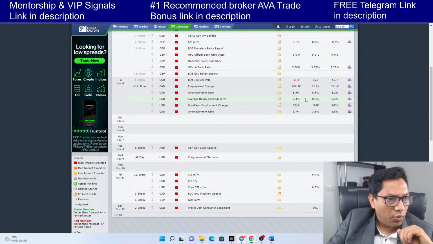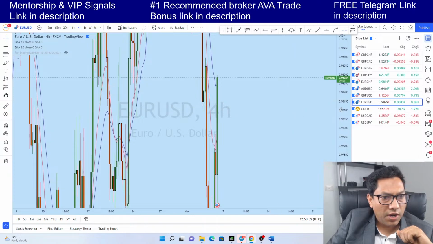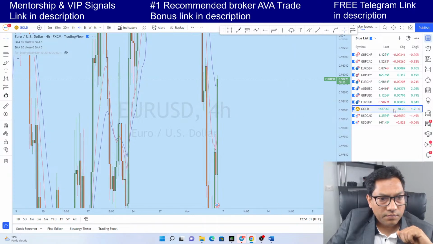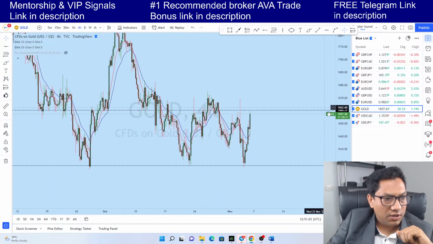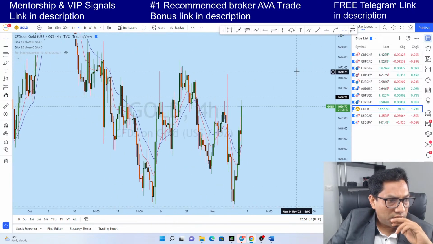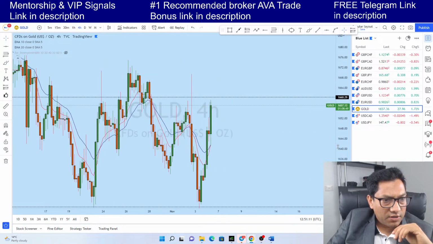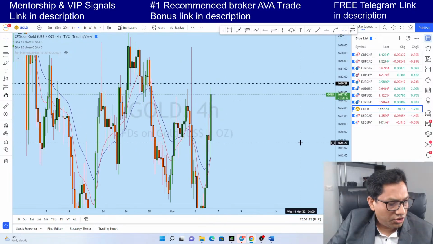All the news is positive for the dollar, but the dollar is getting weaker, or it could be just a spike. That's the thing we need to realize in terms of news. In most cases, we need to understand from the price action.